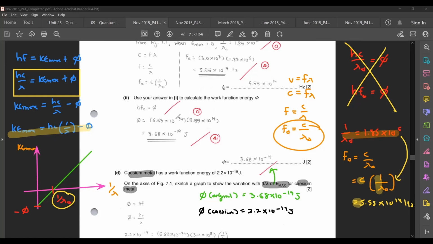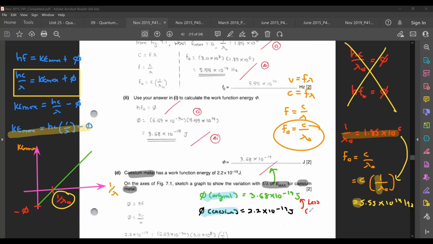All right. So here, in your case, let me just write something here. If you compare between the original work function and the cesium work function, the work function of cesium is actually less, right?